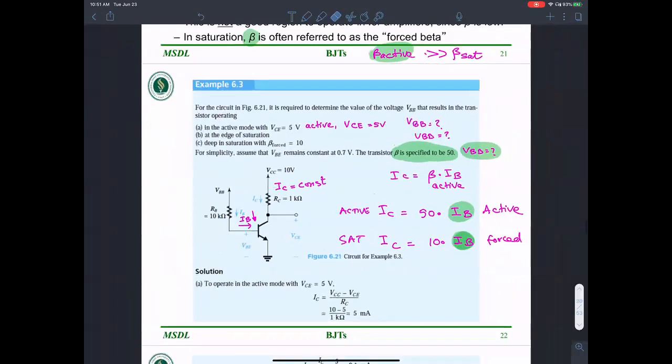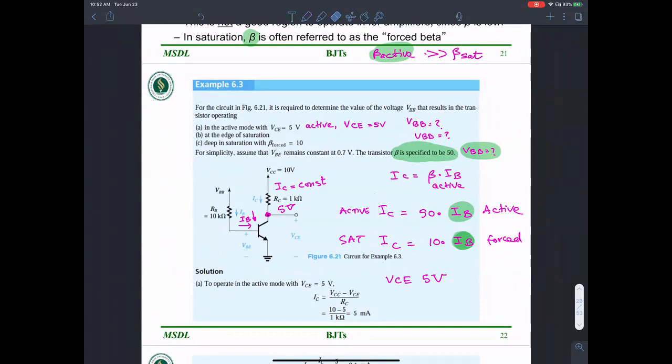Okay, so for operation in active mode, VCE is given to be 5 volts. Once we have that, I should be able to calculate IC. IC is 5 milliamperes, which is VCC minus VCE over RC.